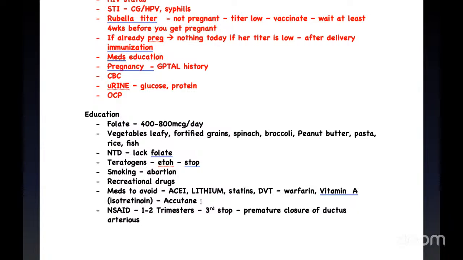Remember, the ductus arteriosus is between the pulmonary vessels and the aorta, and it shunts blood away from the lung, as the lung is not yet developed. So blood bypasses the lung and goes to your system. As soon as you are born, the ductus arteriosus is supposed to close when you take your first breath. If it doesn't close, we call it PDA.